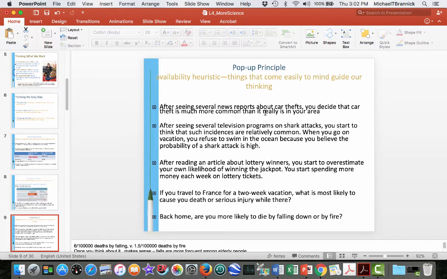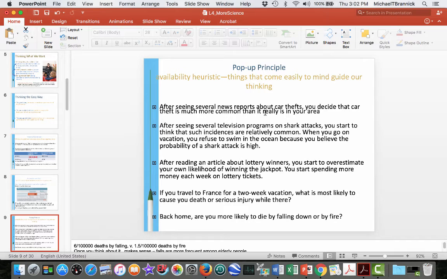The pop-up principle is that things that come to mind easily guide our thinking. When we're thinking about how common or how frequent something is, we rely on this heuristic of, well, how hard is it to think about? If it's easily coming to mind, then we think it's common or frequent or usual. For example, if you see a number of reports about car thefts on the news, you decide that car theft is pretty common, maybe a lot more common than it really is.